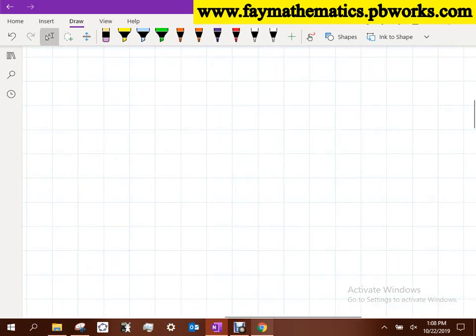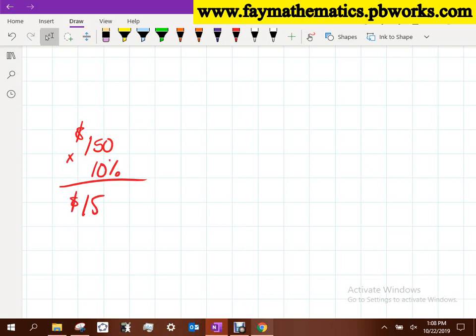I hate saying, okay, if I've got, let's say, a $150 pair of shoes, and I know they've been either increased or decreased, it doesn't really matter. Let's say increased by 10%. I hate multiplying this by 10%, which would end up giving me $15, and then I hate taking that $15 and adding it back in to the 150 to get how much I'm actually paying.